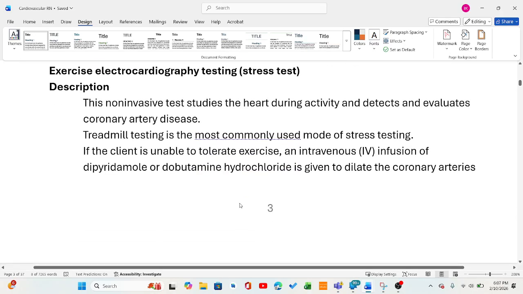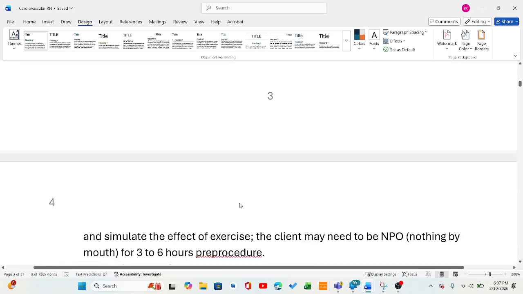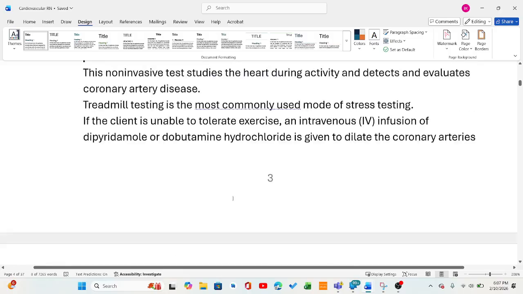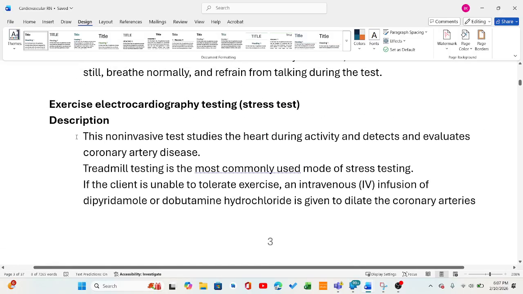I'm not going to talk much about the stress test, but let me quickly talk about it just in case. Now, the stress test is also a non-invasive test. So again, you do not need an informed consent signed for that.